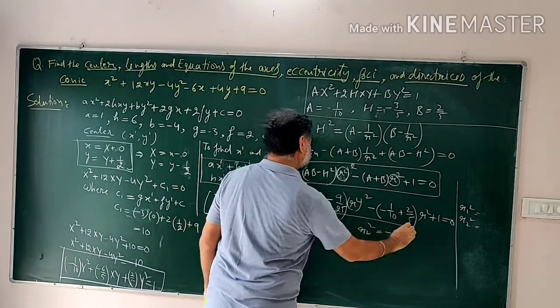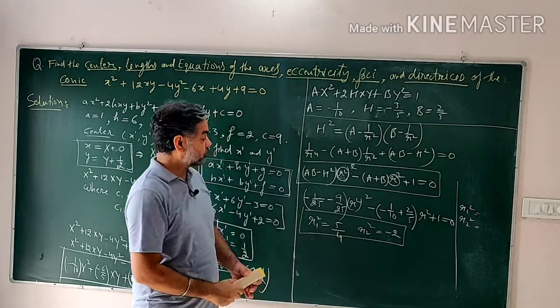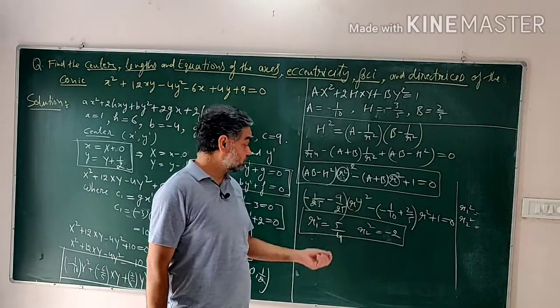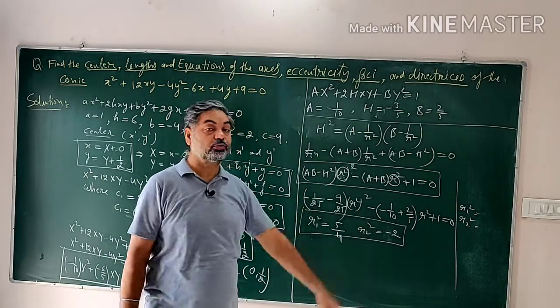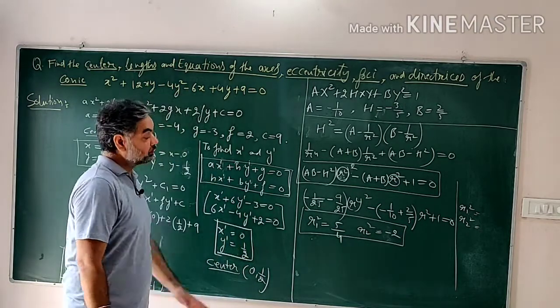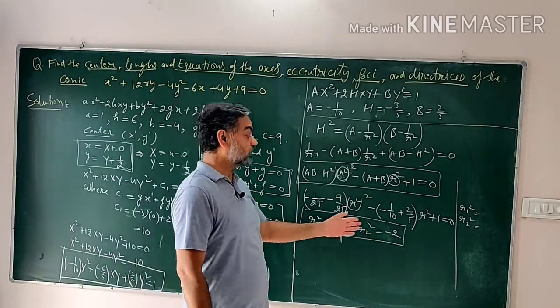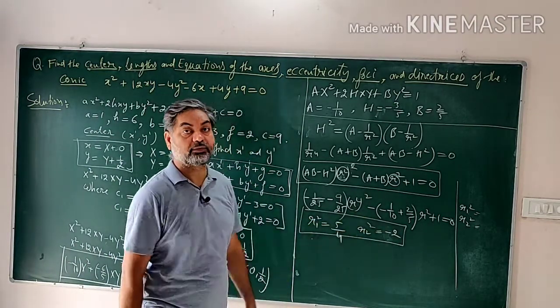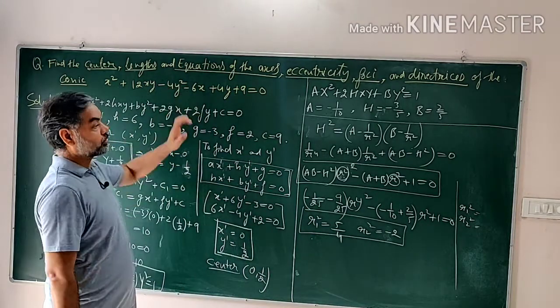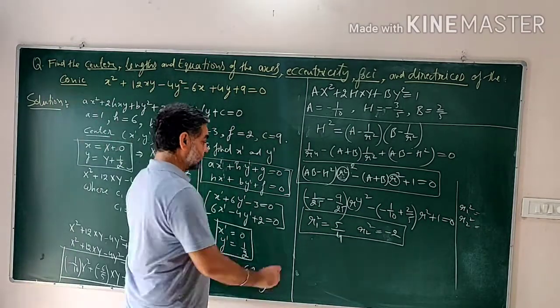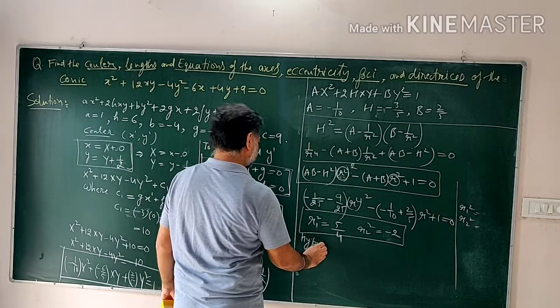If you solve this quadratic equation in r square, you will get two roots, r1 square is 5 by 4 and r2 square is minus 2. Since one root is positive and the other root is negative, this is the equation of a hyperbola.